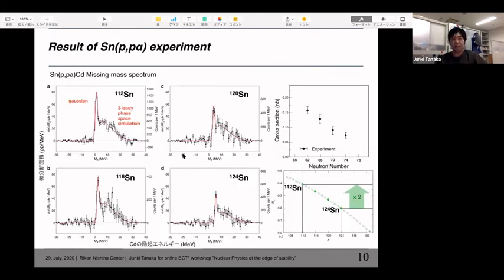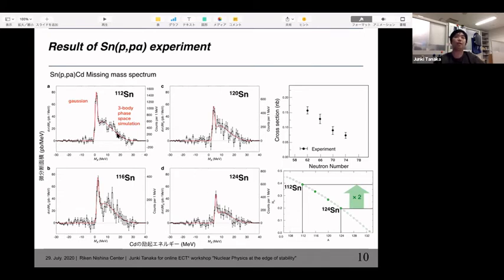This is the result of the experiment. The missing mass for tin 112, 116, 120, and 124 (p,pα). The x-axis is missing mass. We observed the strong transition from the ground state of the tin to the ground state of the cadmium.